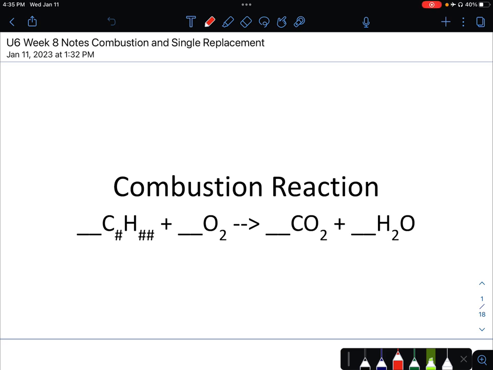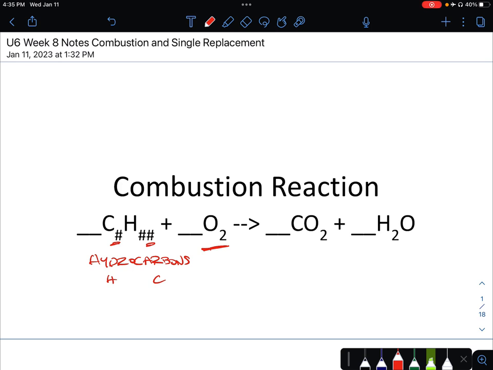We're looking at combustion and single replacement reactions here. When we see combustion reactions, the big thing you're going to notice is O2. We're going to use what we call hydrocarbons, which are basically hydrogen and carbon.